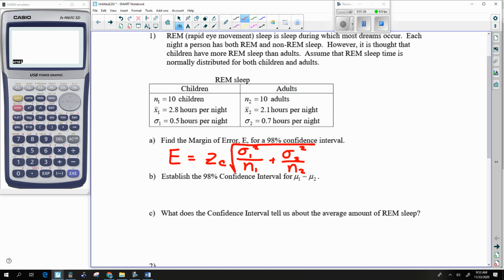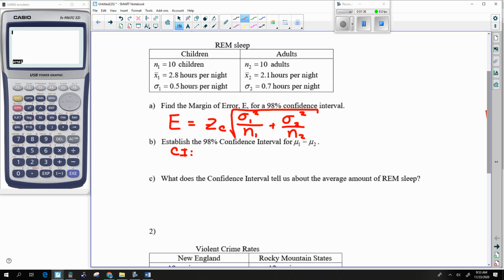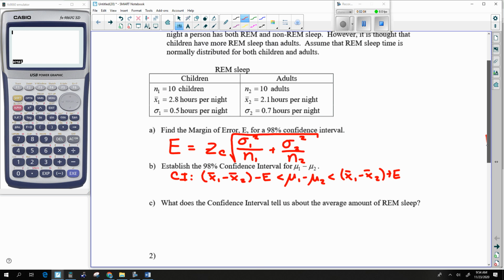And then the confidence interval is going to be given by the formula: x bar 1 minus x bar 2 minus E, which is less than mu 1 minus mu 2, which is less than x bar 1 minus x bar 2 plus E. So that is what we are going to be doing, and we will obviously learn how to write this in sentences and things like that.